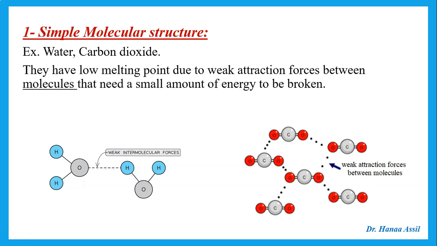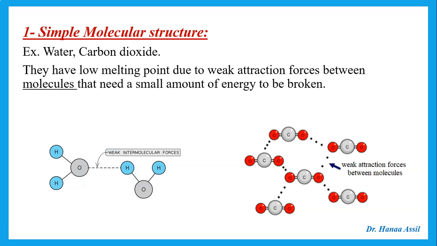These are called intermolecular forces, and these need a very small amount of energy to be broken. So if we heat it just a little bit, the molecules separate, and that is what we call a low melting point. So remember, most substances have simple molecular structures, and if they do, then they have a low melting point.